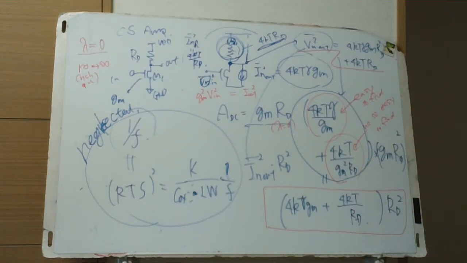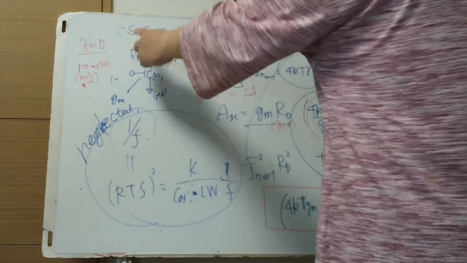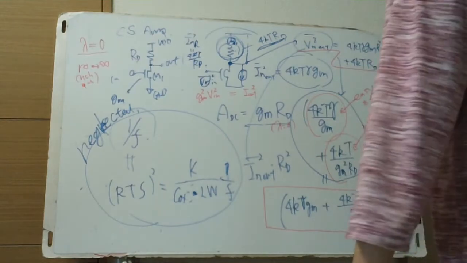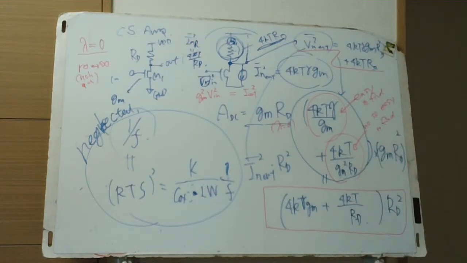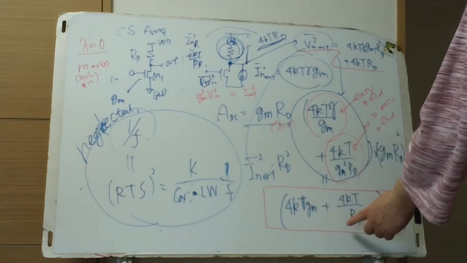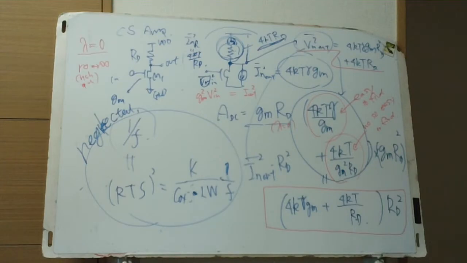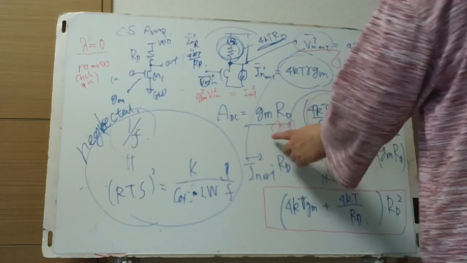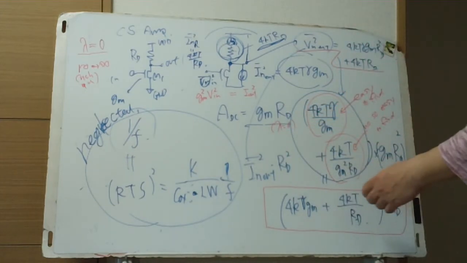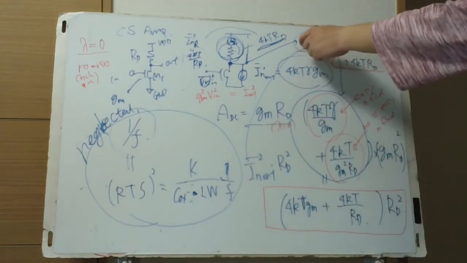The second edition textbook uses this approach to get the output noise of this common source amp with lambda equals 0 for M1. We know the channel current noise power, and we know the output impedance RD when lambda equals 0, and this is power, so RD squared is multiplied to give the output noise power.